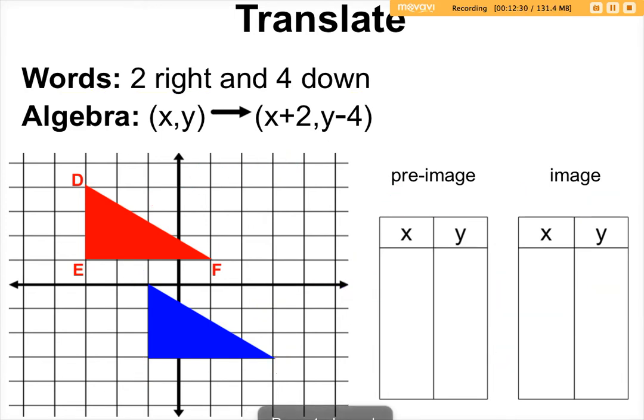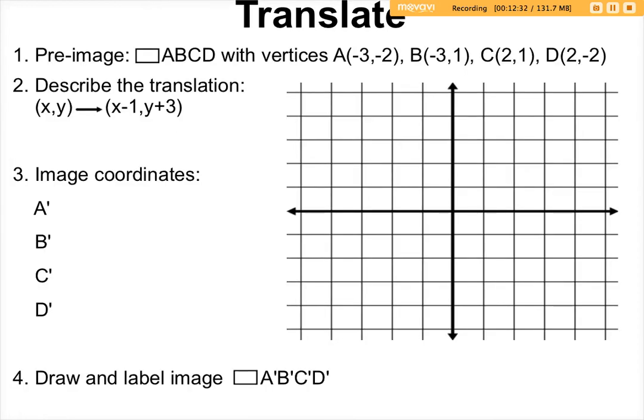Okay, and let's look at our next slide. On the next one, we are going to translate, and we have a little project here to do. Number 1 says pre-image rectangle ABCD has vertices A, B, C, and D. Just giving us information.